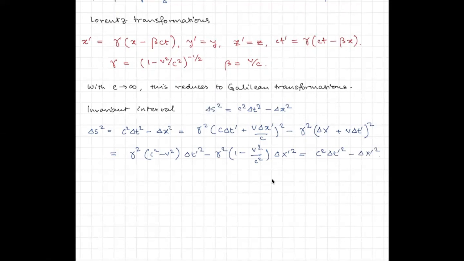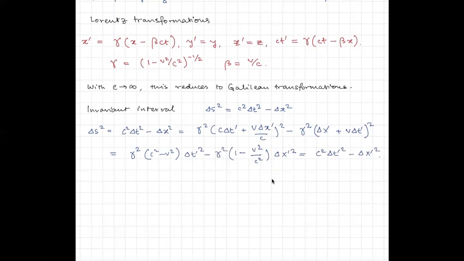So you see that this actually stays invariant. This is something that you know well, but this is just to reinforce the same ideas, if you wish.